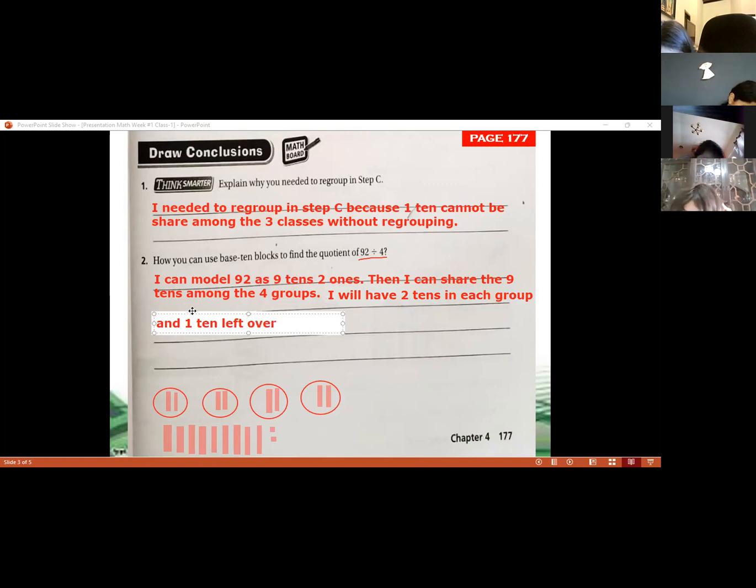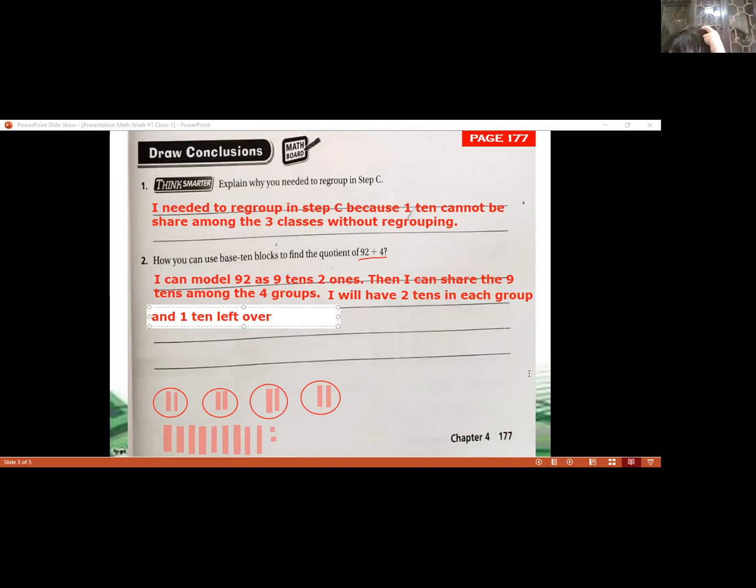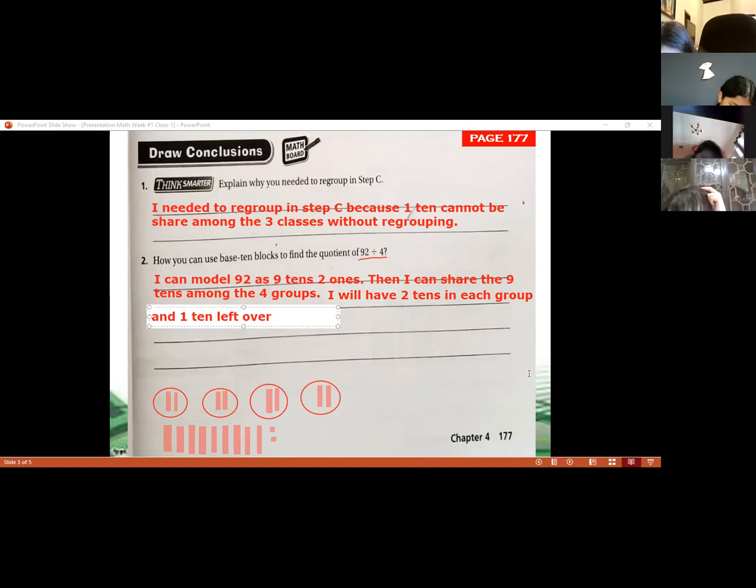You don't have a space? No. Try to use a notebook, class, because it's important that you write it and you represent this information, so you understand why we have 2 in each of these and 1 left over. Now, that is the first part. We have to write more information. Remember, we share 1 by 1. So we have 8 and 1 is left over.